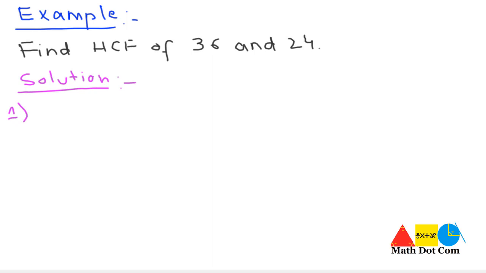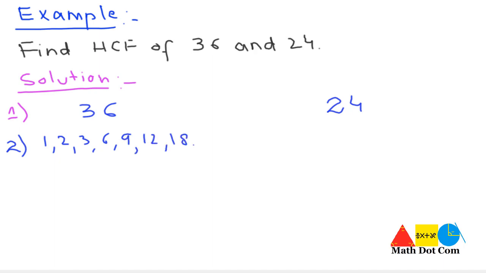Condition 1 was two numbers. One is 36 and the other is 24. The second condition is we should have their factors. So we will find the factors: 36 has 1, 2, 3, 6, 9, 12, 18 and 36.